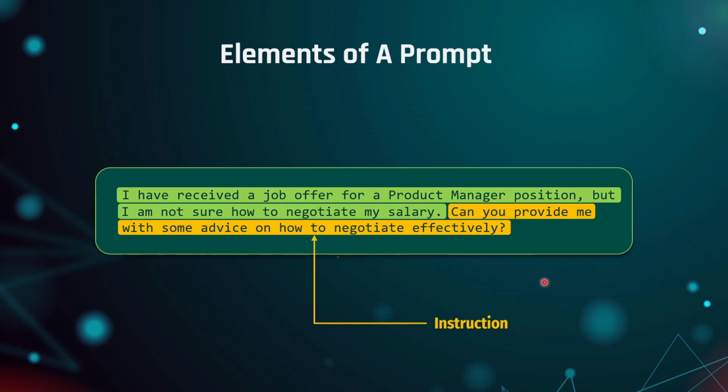I'm only asking you this question because I just received a job offer for a product manager and I'm confused on how to negotiate my salary, right? So we're giving ChatGPT some sort of context. Okay, we are making it clear: before you process my instruction, you must keep this additional information in mind.